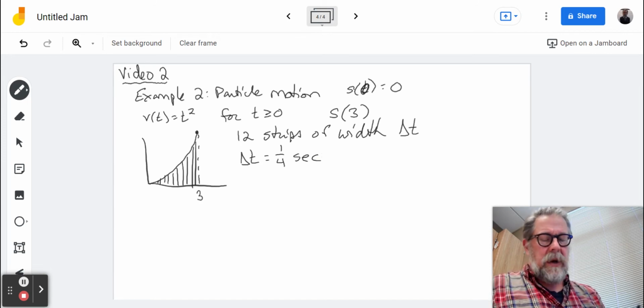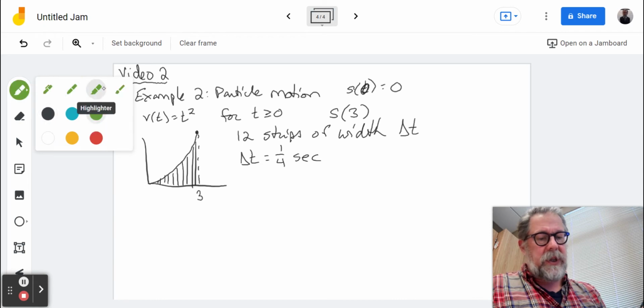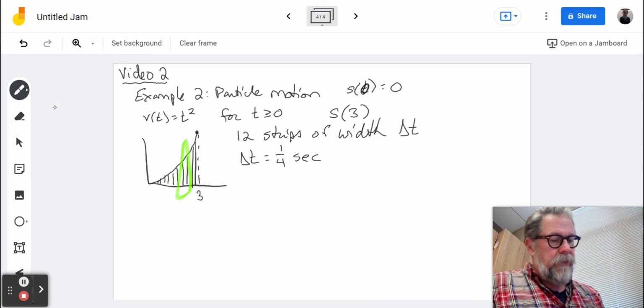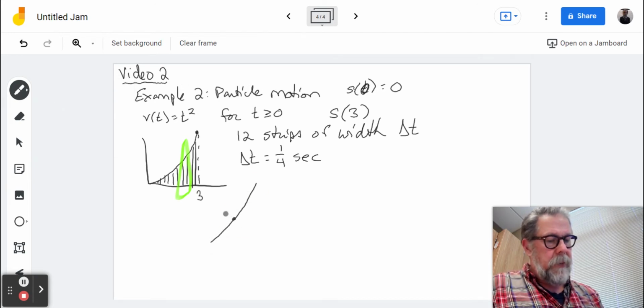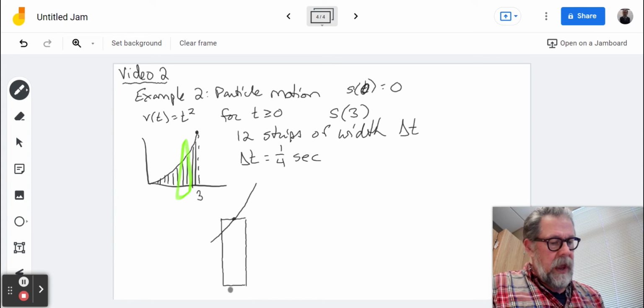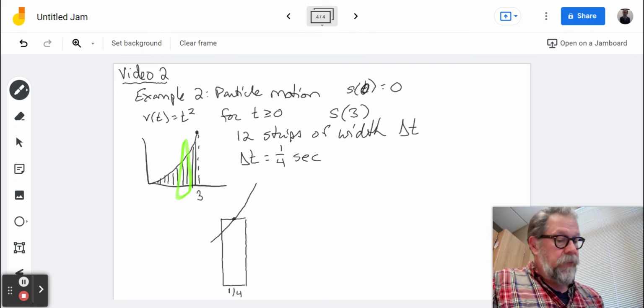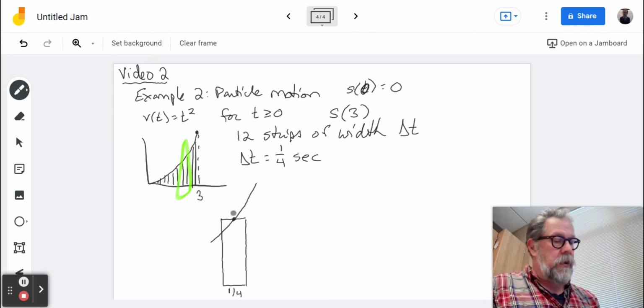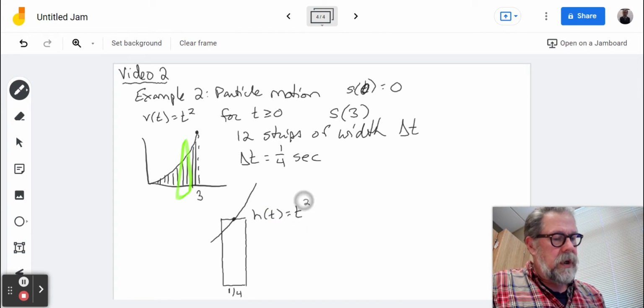So let's zoom in on one of these strips. Let's zoom right in on just one strip and see what it looks like. Well, here's our one strip, with a width of 1/4 and a height, if I assume that the height of the strip is at the middle of that strip, but either way, the height of this strip is equal to some time squared.